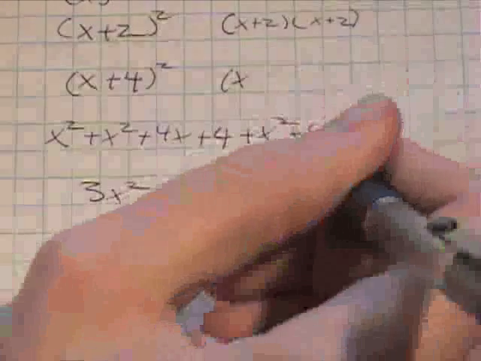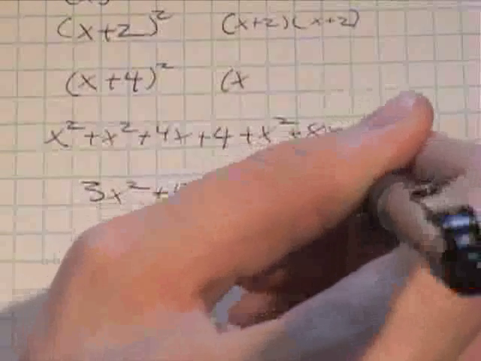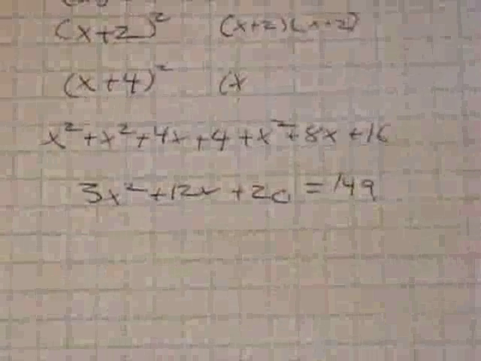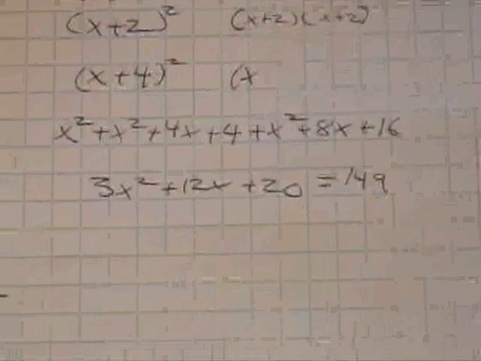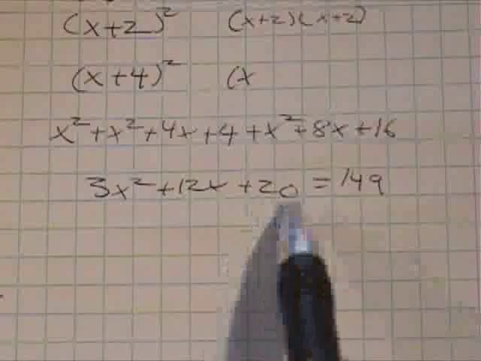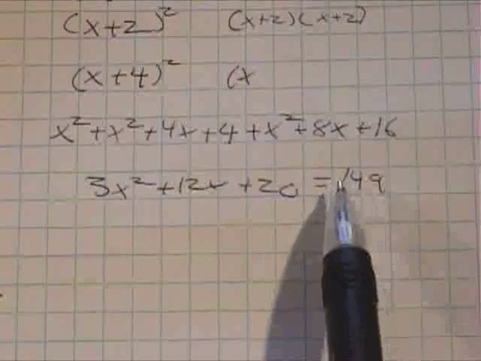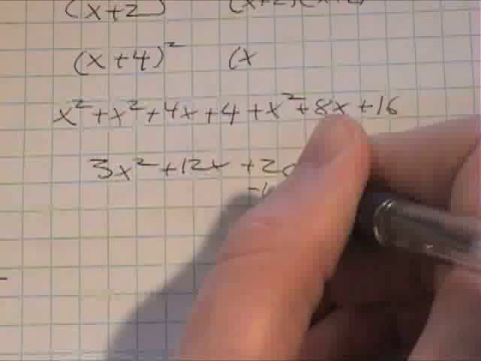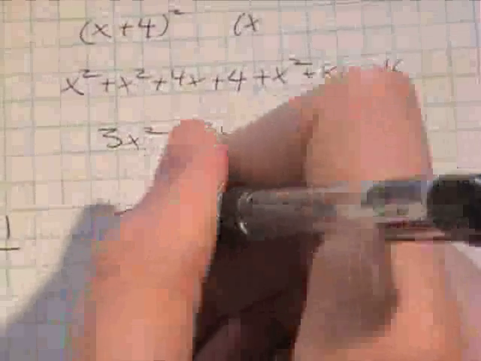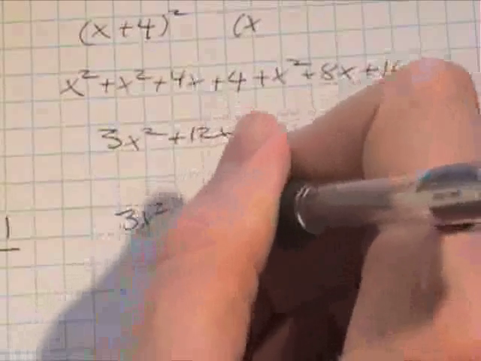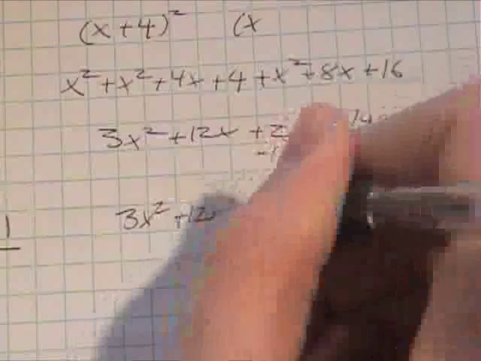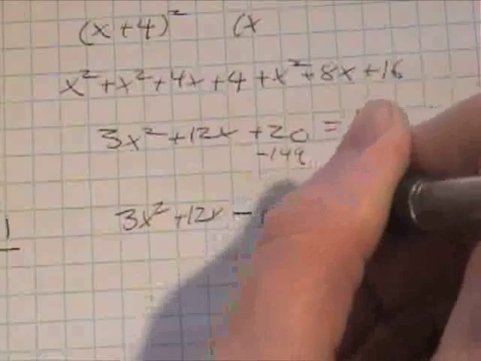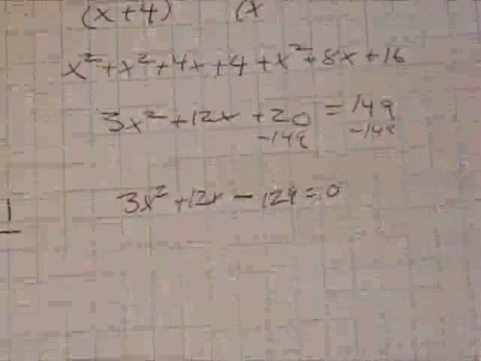And this is all supposed to equal 149. So what we would do is we would simply move this over to this side so we have a 0, and that would give us our basic equation. So 3x squared plus 12x minus 129 equals 0.